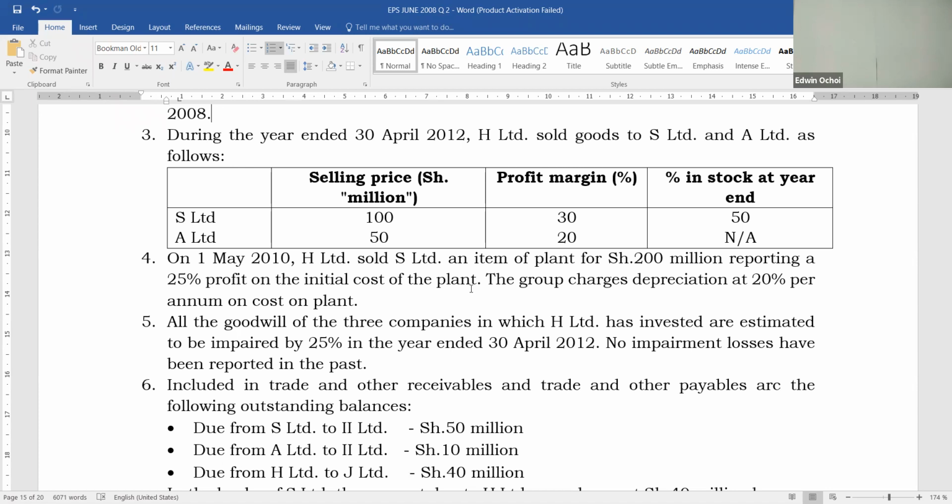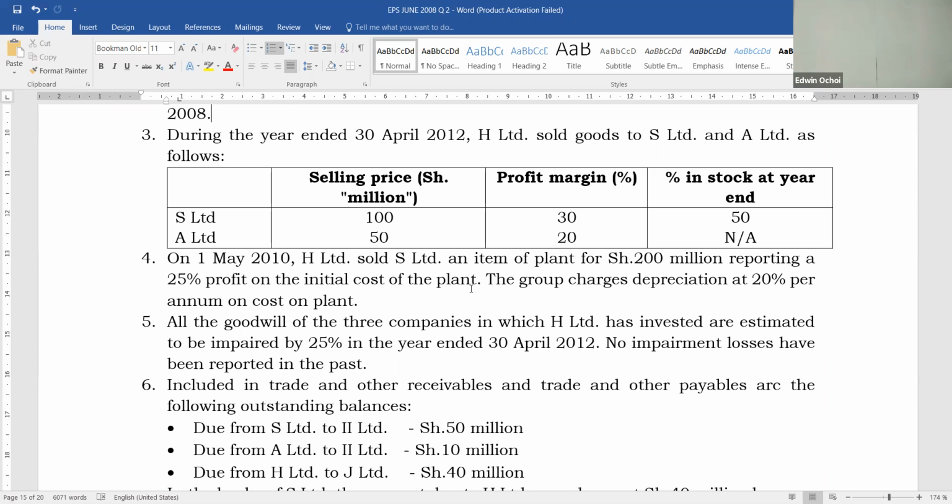Then they say that the group charges depreciation at 20% per annum on cost on the plant. So the group means the parent and all its subsidiaries. When H was selling the asset to S, H had already subjected the plant to depreciation.